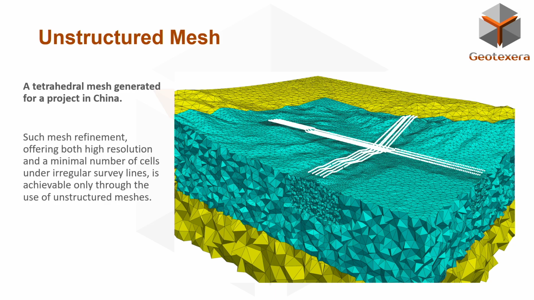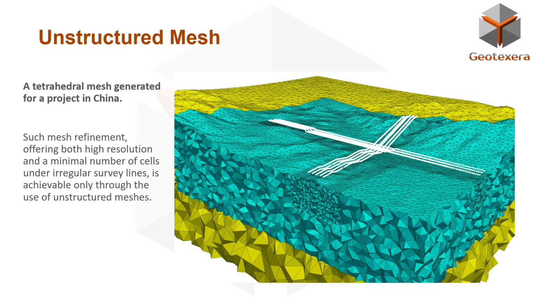This is another example that we did maybe a couple of years ago in China. You can see here, unstructured mesh generation makes it much easier than structured mesh. For example, in this project, we have a drone survey, and this is just a small part of the survey. Drone survey lines were scattered everywhere.